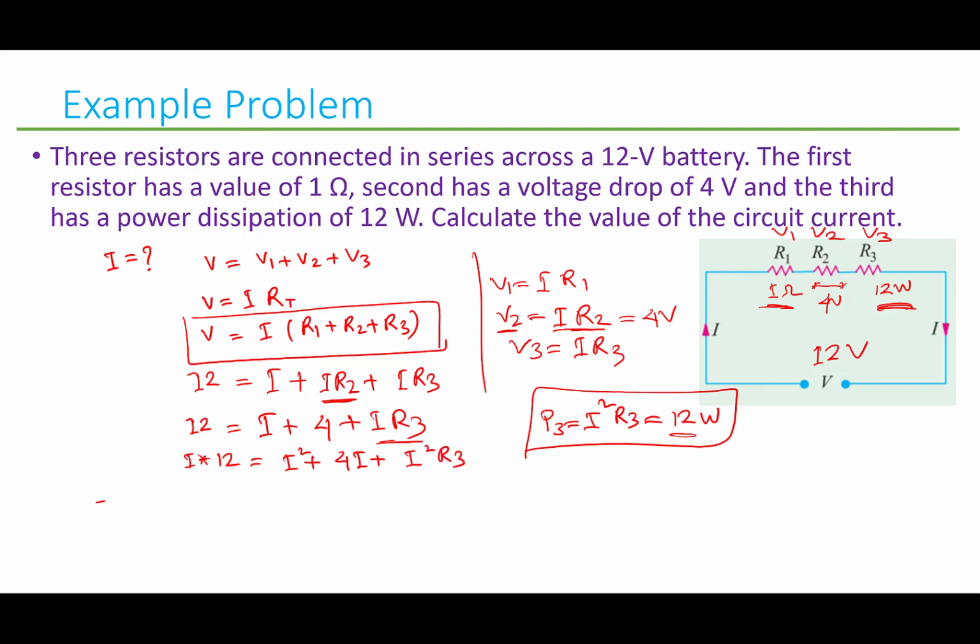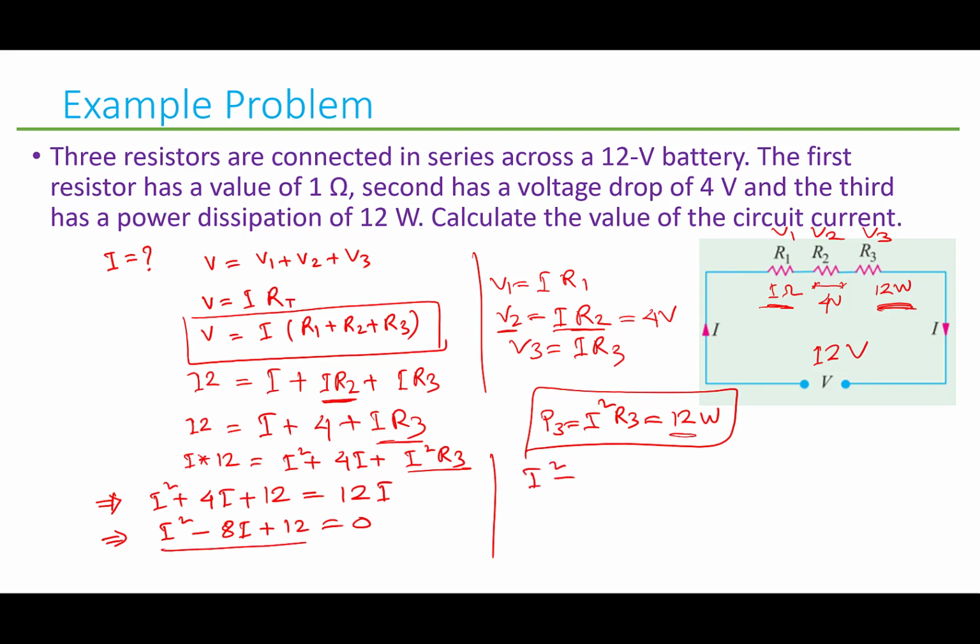Now what do we get here? I squared plus 4I plus this one is again 12, equals 12I. So we get I squared minus 8I plus 12 equals 0.